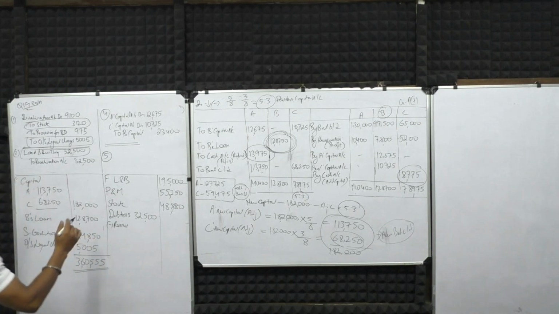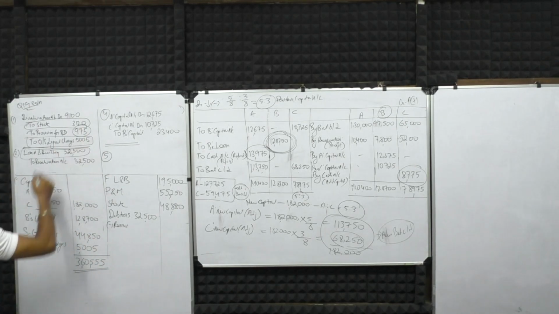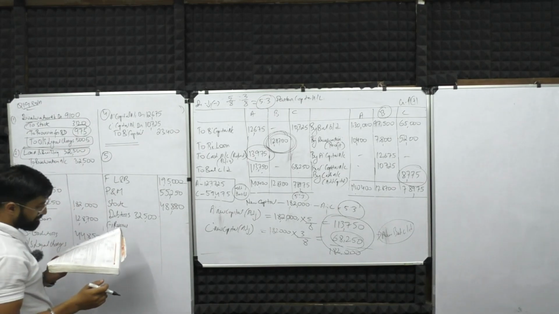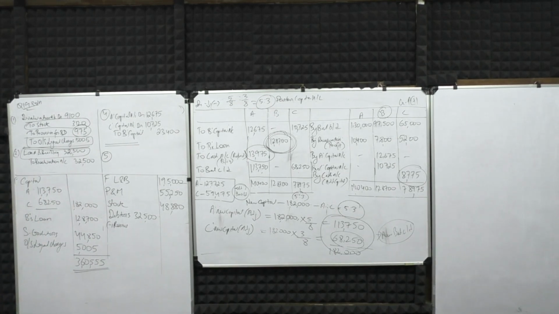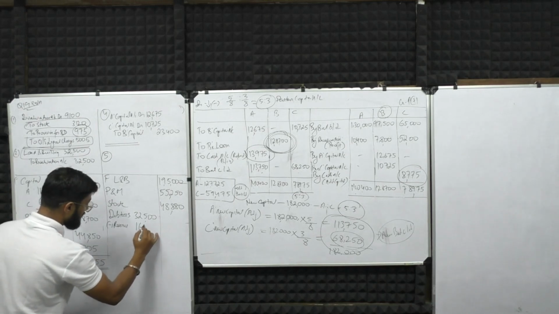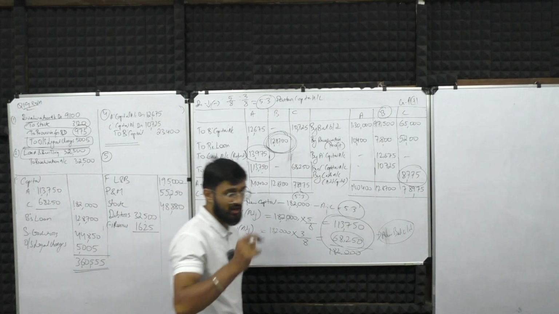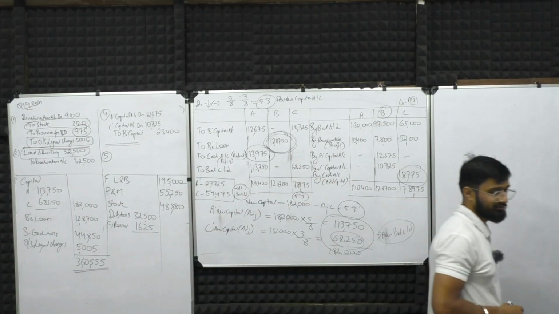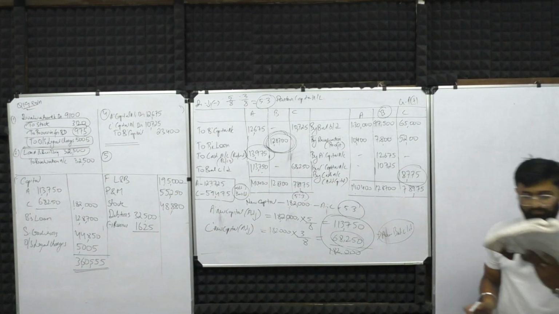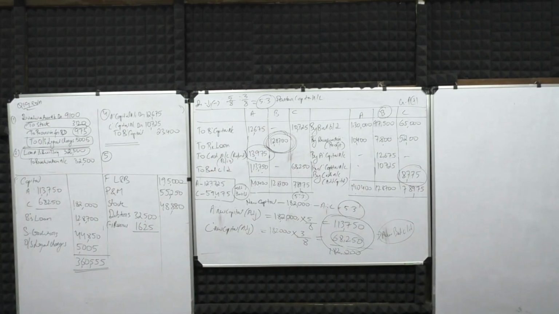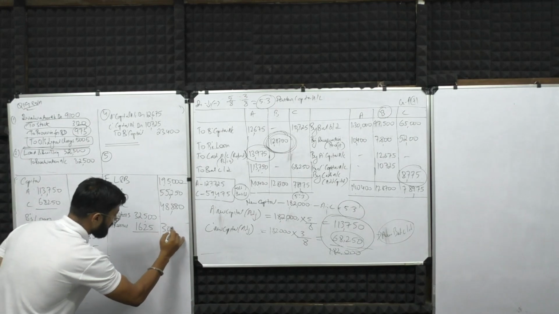Net, that is 1625. Interest and Canada here. That is 30875.